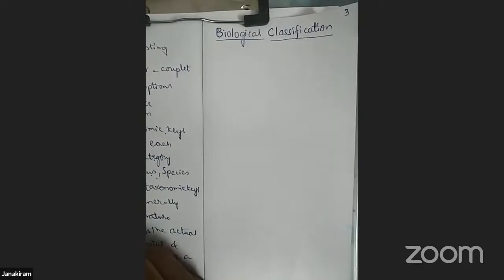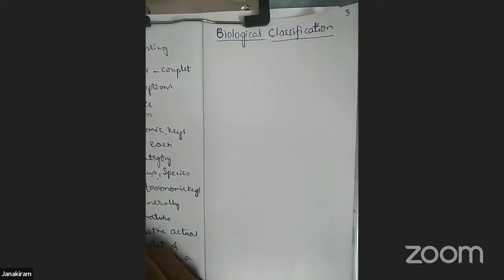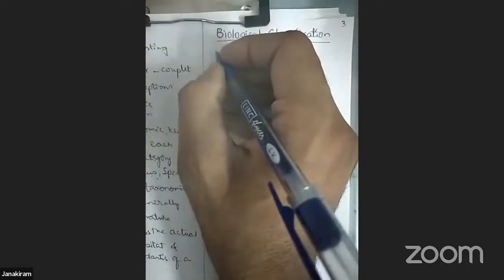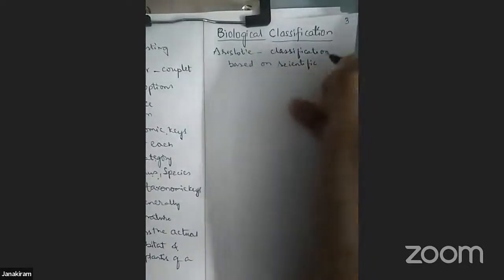Many scientists have tried to give a classification from ancient times, but the first person who gave a classification based on a scientific basis was Aristotle.